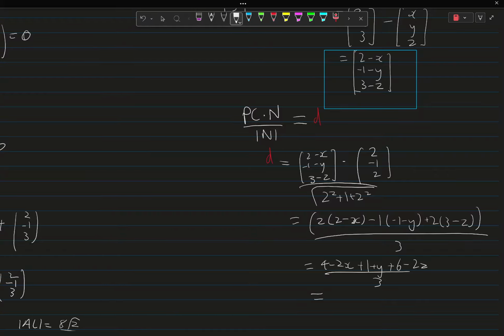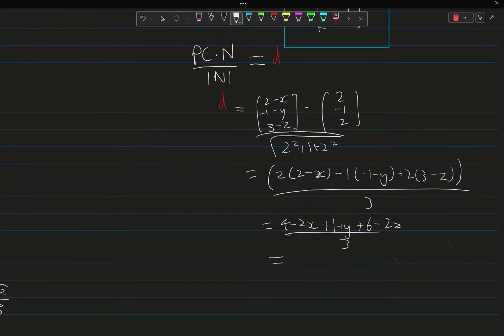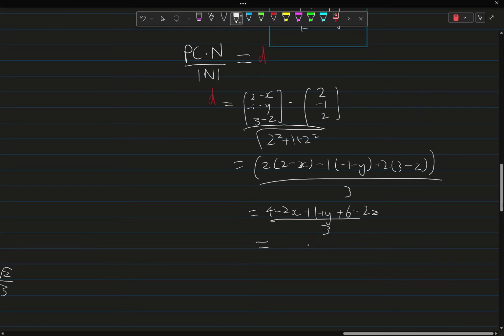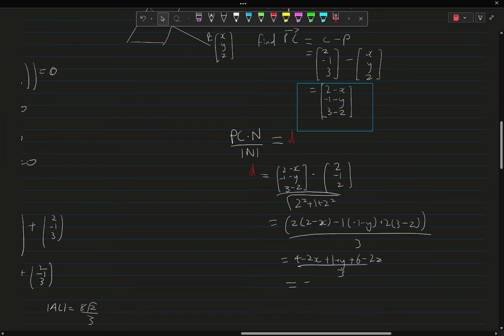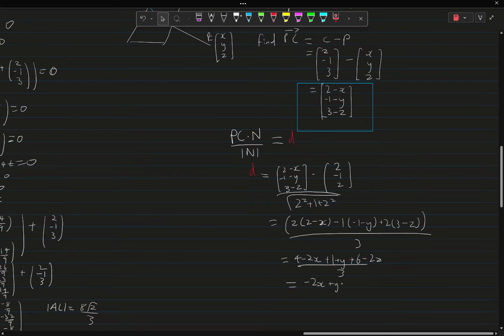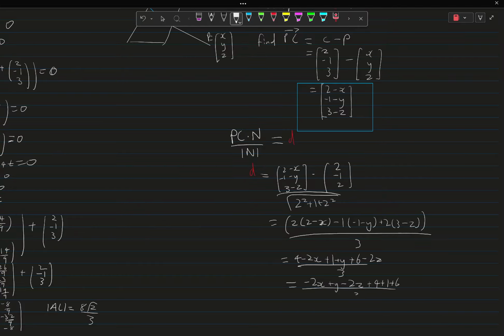I want everyone that's currently watching to look very closely. If I group all the variables together, as negative 2x plus y minus 2z, and I have the rest of the constants here, if I take out a negative, I'll get negative (2x minus y plus 2z) plus 4 plus 1 plus 6, which is just 11.